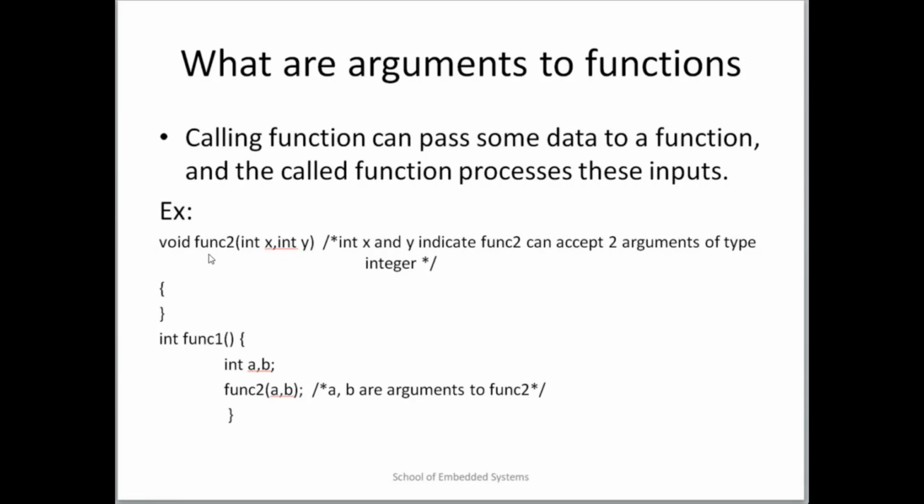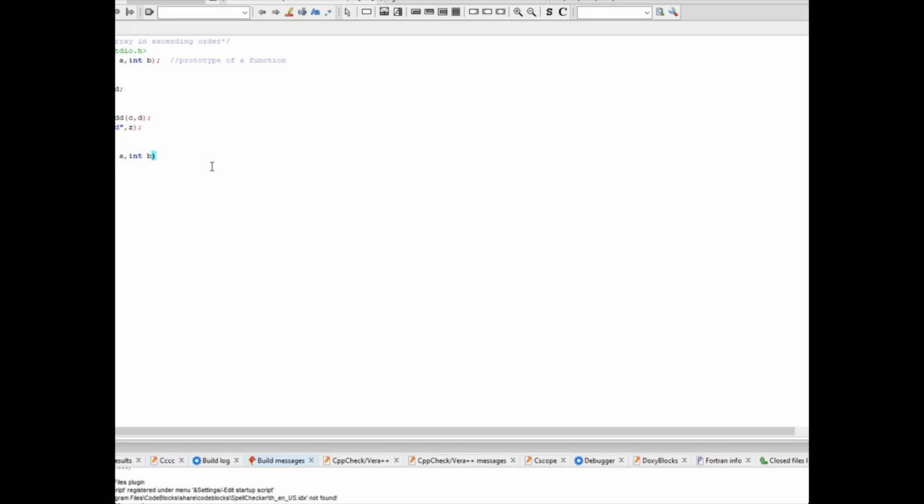It means function 2, wherever it is called, will accept only two integers, int x and int y. That's how it's designed. In function 1, we're calling function 2, and int a and b are passed. So these two, a and b, correspond to x and y.